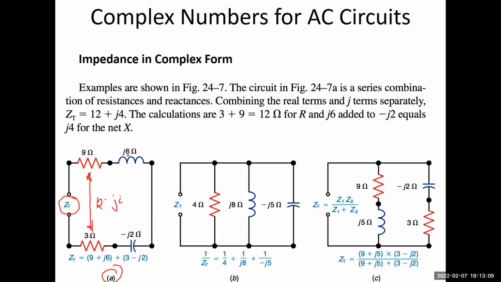So it is j4, and what is the symbol in between for our R and our j would be plus, dahil mas malaki yung j6 sa j2. So therefore, your total impedance now would be equal to 12 plus j4. So ayun siya.